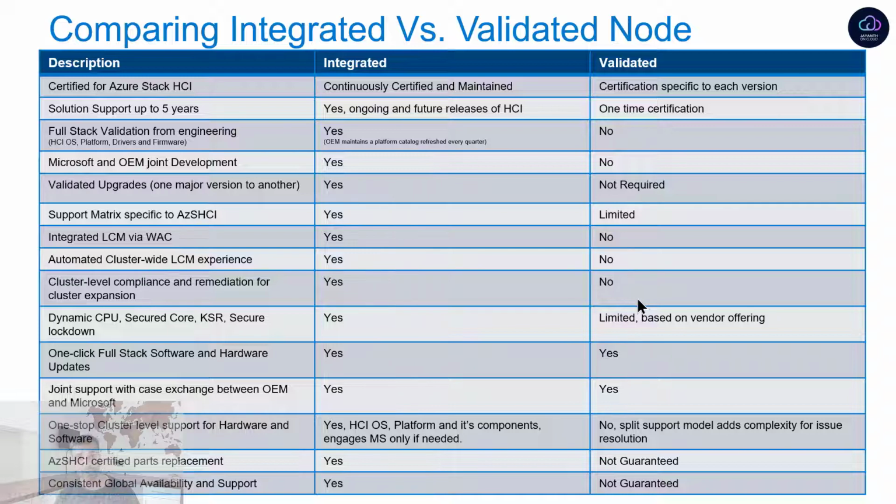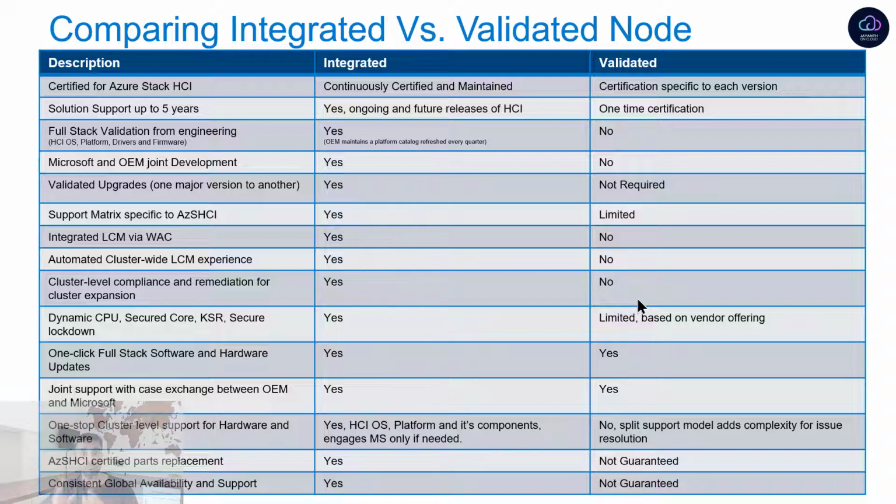Now, because we are going with a completely productized approach, we support the entire solution up to 5 years, right? And it's an ongoing effort. For example, Microsoft keeps releasing monthly and quarterly software updates. Keep in mind, even the Dell hardware catalog is released every quarter, which means we keep releasing the latest firmware, drivers, and BIOS every quarter.